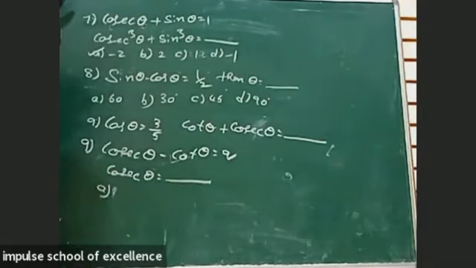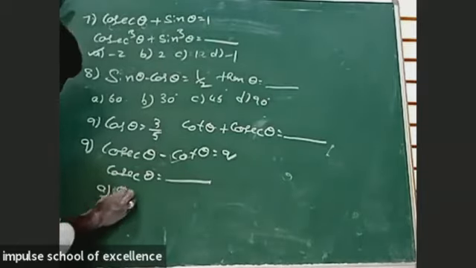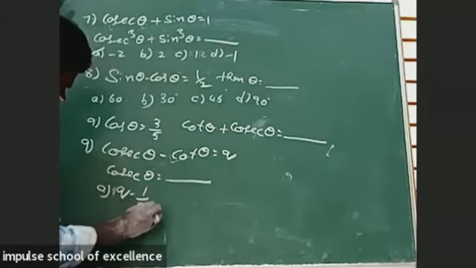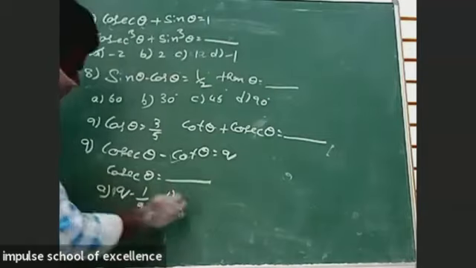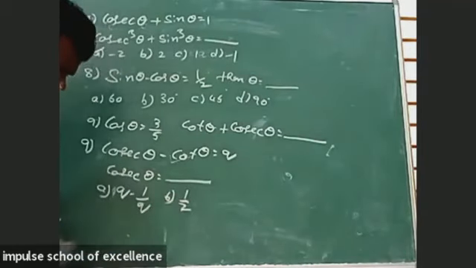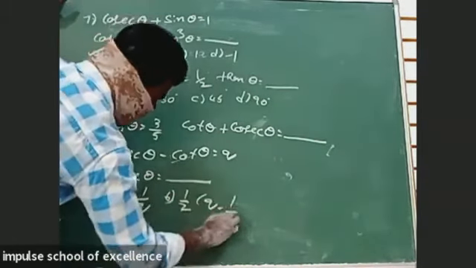Option A, q minus 1 by q. Option B, 1 by 2 into q minus 1 by q.